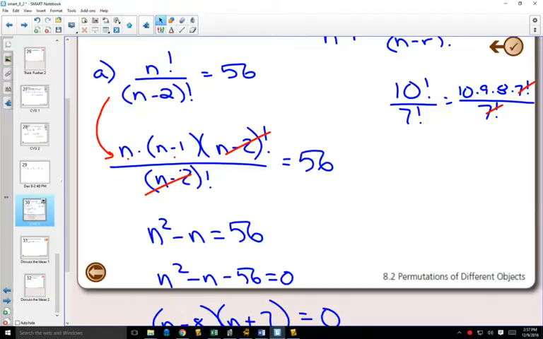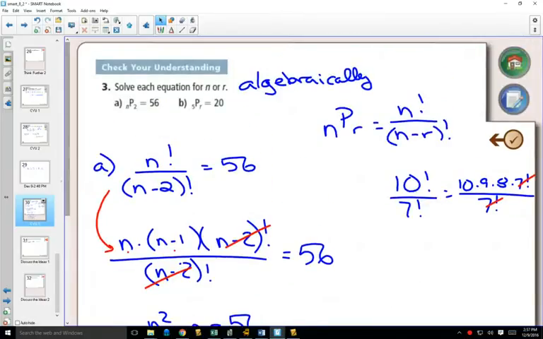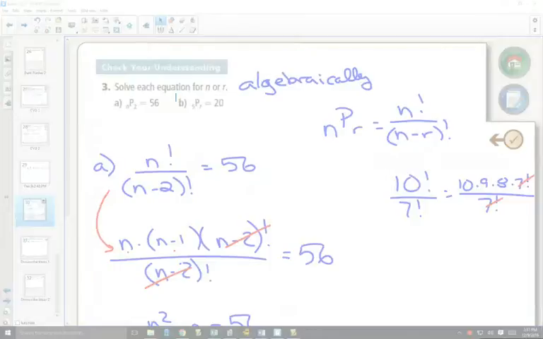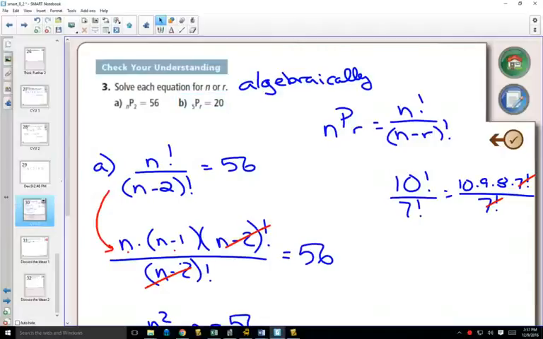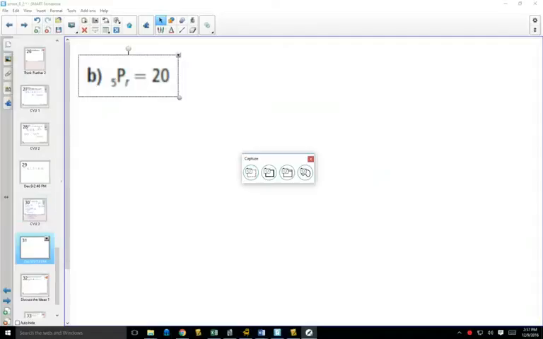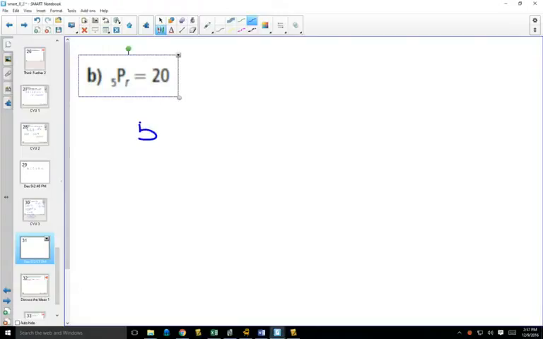So they will give you a question like part A and say solve for this algebraically. Part B, start it on a new page. If we write this out, 5 factorial over 5 minus r factorial equals 20.